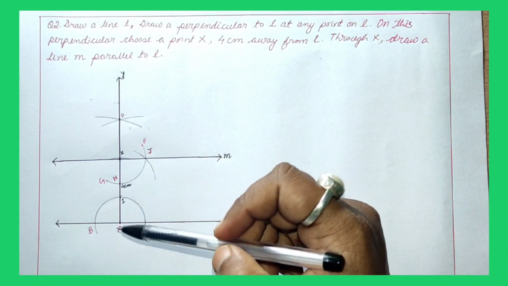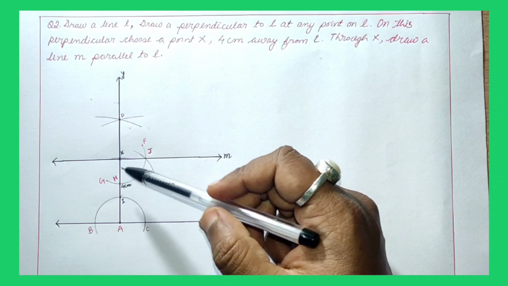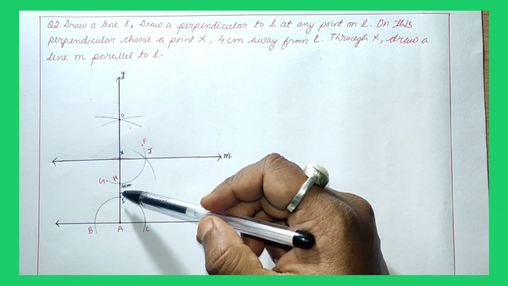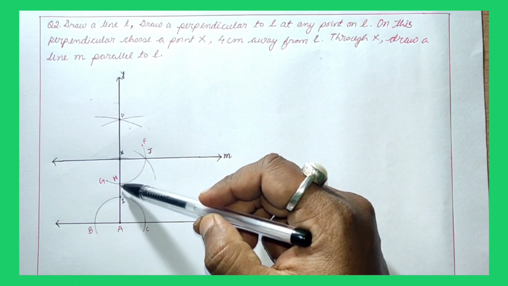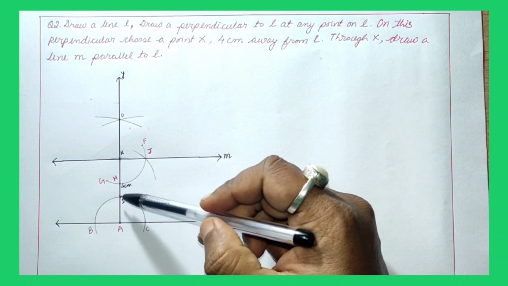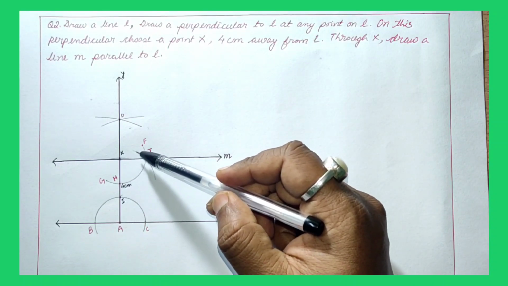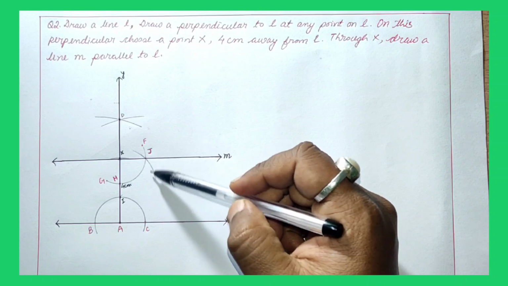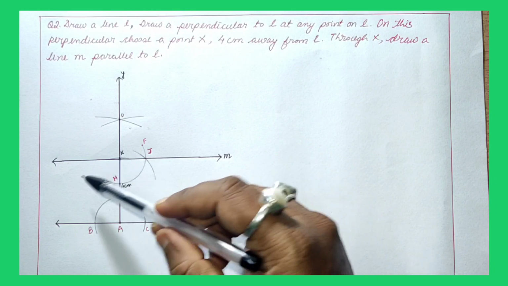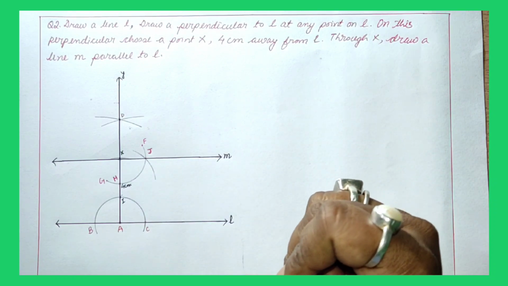Now taking AC as the radius, I have drawn an arc GF from the point X cutting AY at H. Then taking H as the center and radius equal to IC, I have drawn another arc cutting the previous arc GF at J. Then I have joined XJ and extended to M. So line M is parallel to L.